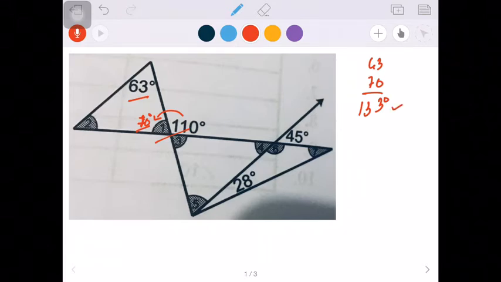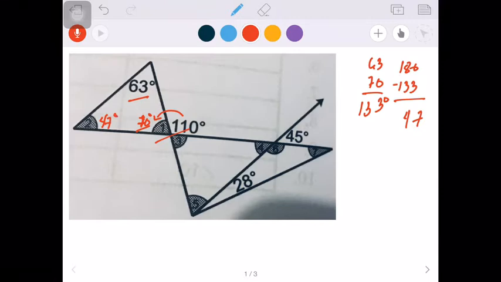And since we know, based on the definition of a triangle, that all the angles will equal 180, therefore we simply subtract 133 from 180 degrees. And what do we have? So this will be a 7, and this will be 4. Therefore, angle 2 is 47 degrees. So we're done already with the first 2 angles.